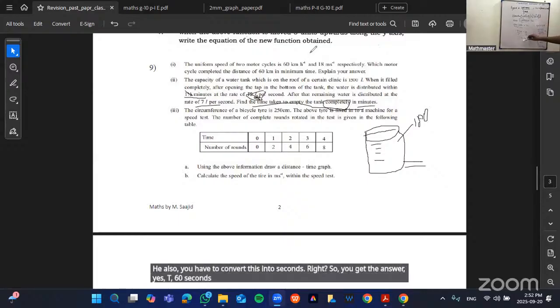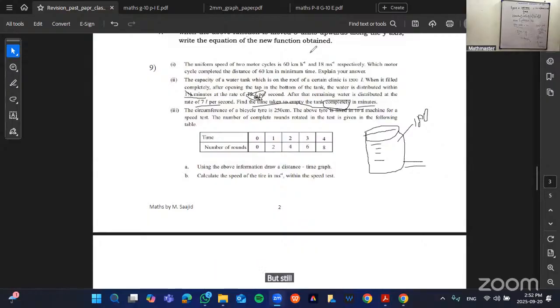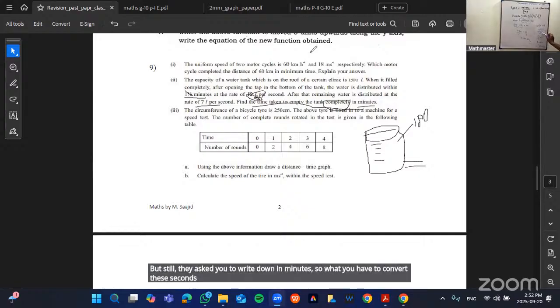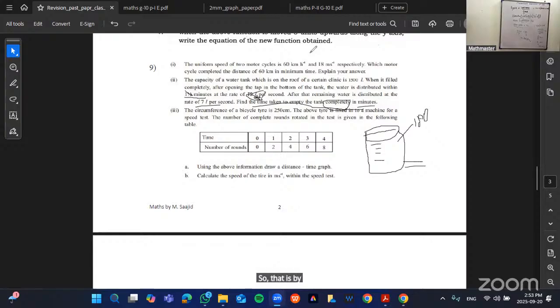They ask for the total time, not only T, so you have to add both, 60 plus 90, which is 150 seconds. But they ask you to write the answer in minutes, so dividing by 60 you get 2.5 minutes or 2 minutes and 30 seconds. That is also correct. That is the answer for this part.